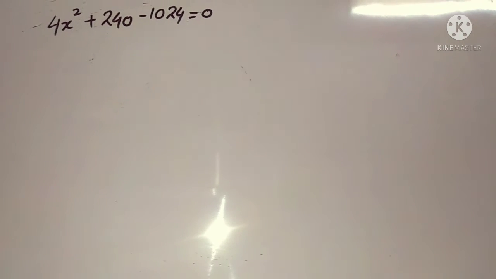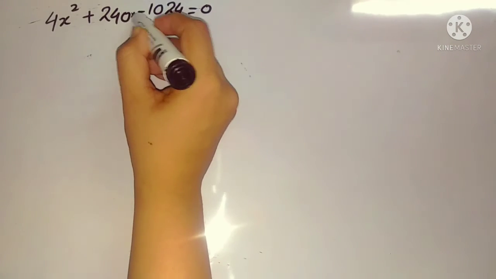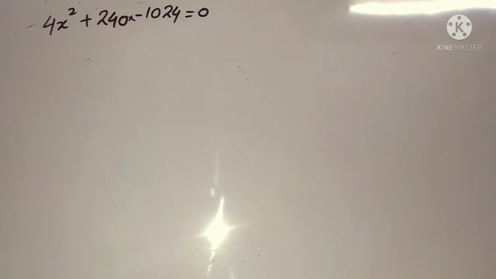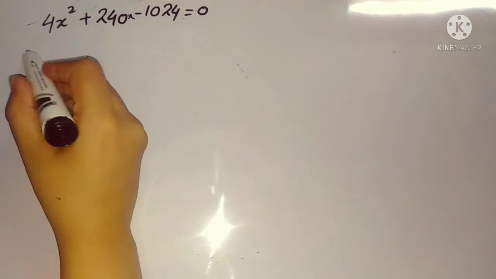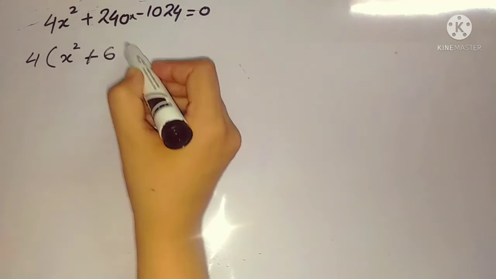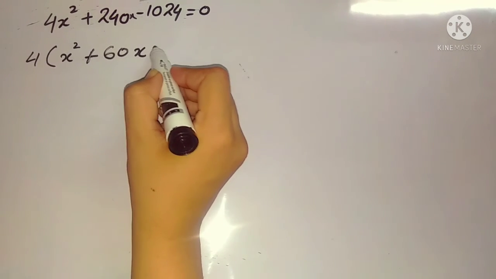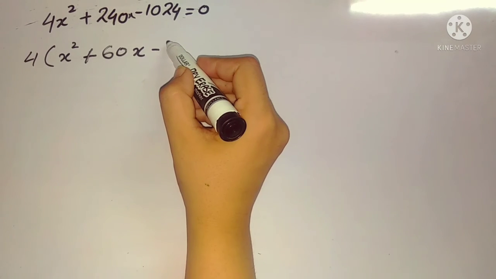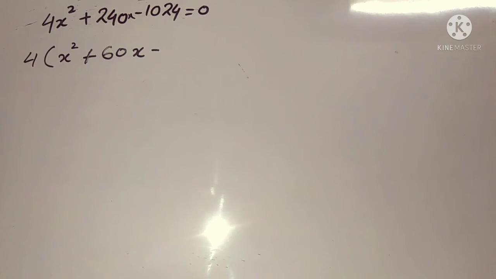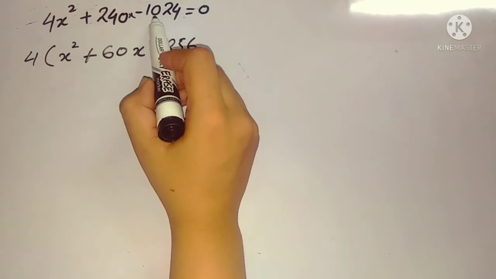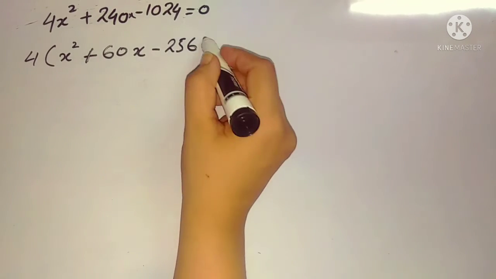Okay, so this is the equation, 4x square plus 240x minus 1024. As you can see that all these three numbers are divisible by 4, so I can take 4 common. Here it remains x square plus 60x, and minus 256, because when you divide 1024 with 4, you will get 256.